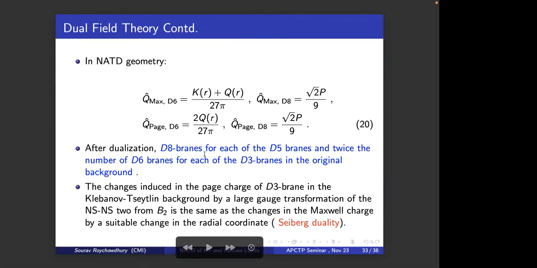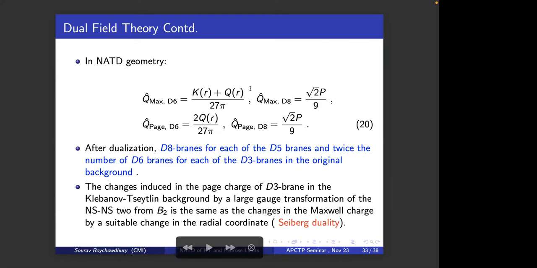Now, as I just mentioned, in the dual geometry we have contributions from F0, F2, and F4. This indicates that in the dual sector we have D6 and D8 branes. If you calculate their charges, the Maxwell as well as Page charges, this is what they are in the dual geometry.